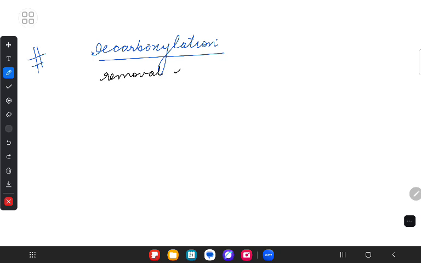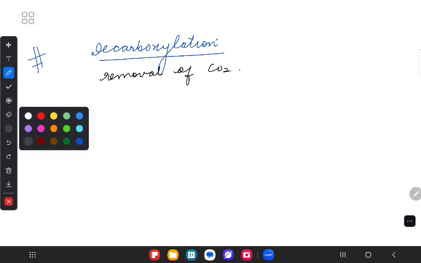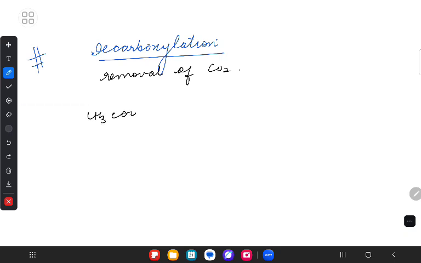Next, we have decarboxylation. Now, the word decarboxylation means removal of CO2. So, for a carboxylic acid, let's say CH3COOH, what am I supposed to add? I'm going to add NaOH and CaO.